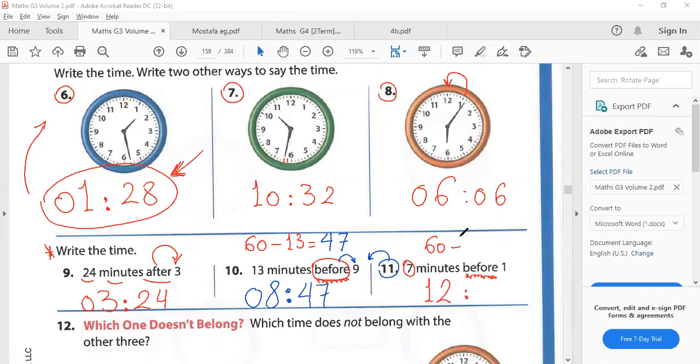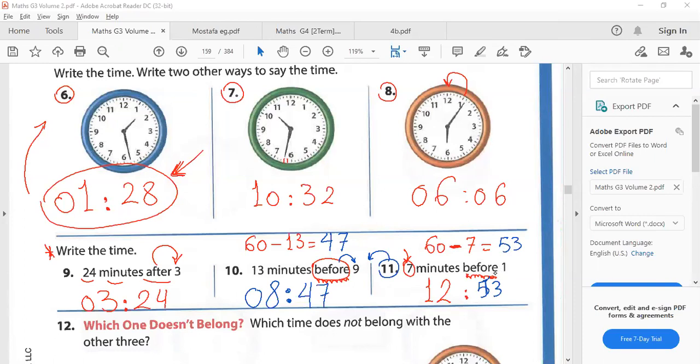The number of minutes here is 7. So 60 minus 7 equals 53. Yes, excellent. So we have 53 minutes, just like that. Okay, Ahmed, well done. Thank you.